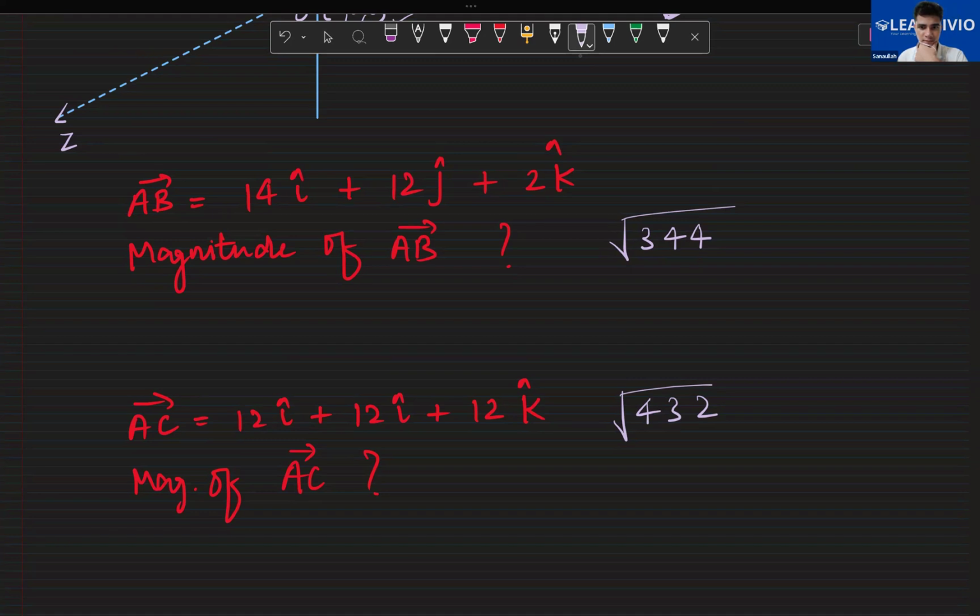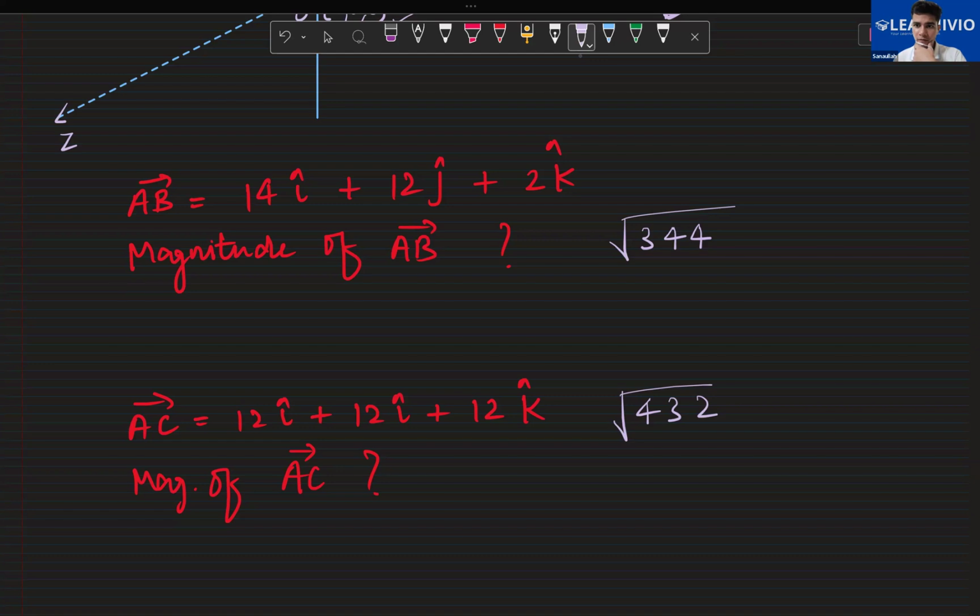Oh, just give me a minute. Okay, take a minute. First one's answer, I got root of 444.